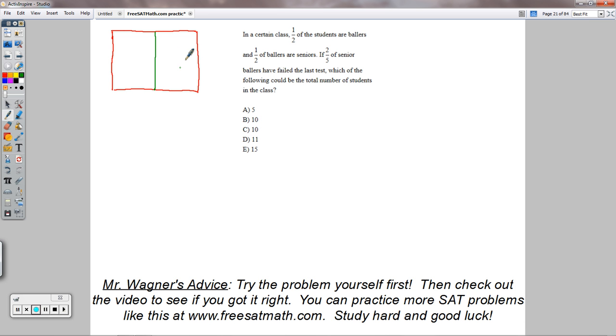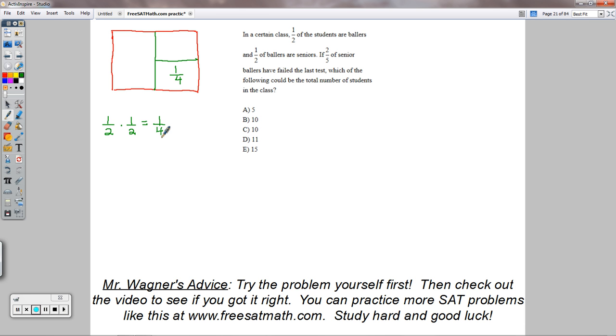And then one half of these ballers are seniors. So we'll cut that part in half as well. This part here would be half of half, which would be 1/4. You could also think of this as 1/2 times 1/2 equals 1/4.